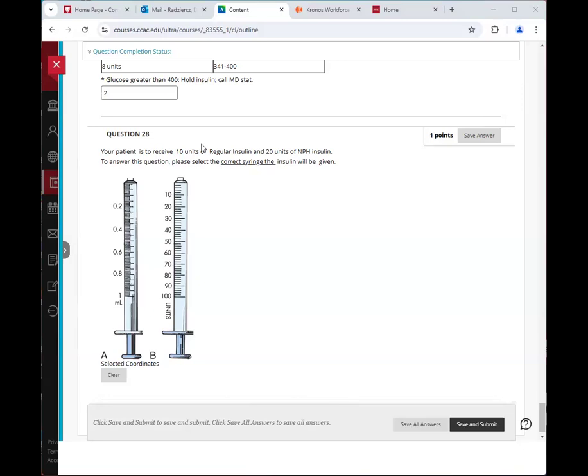But what they're asking you to do is to choose the syringe that you would utilize, and you would utilize the unit syringe. Now, I don't think it matters where you mark it as long as you mark it. I think I marked the letter B. I think I marked it on the syringe itself. I'm going to mark it at the 10 plus 20, the 30 unit total, just to see if it still counts it as being correct.